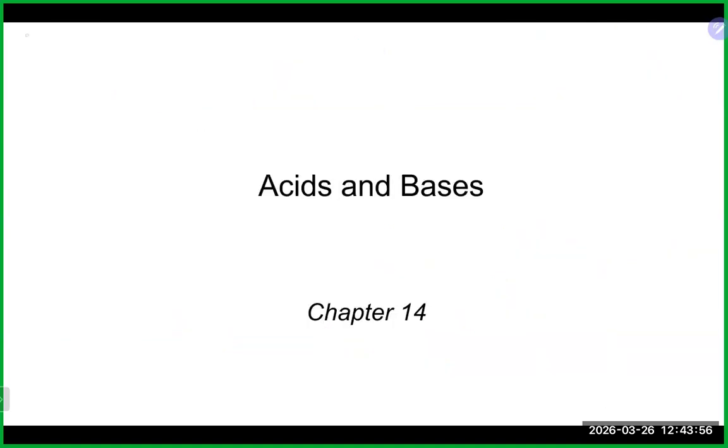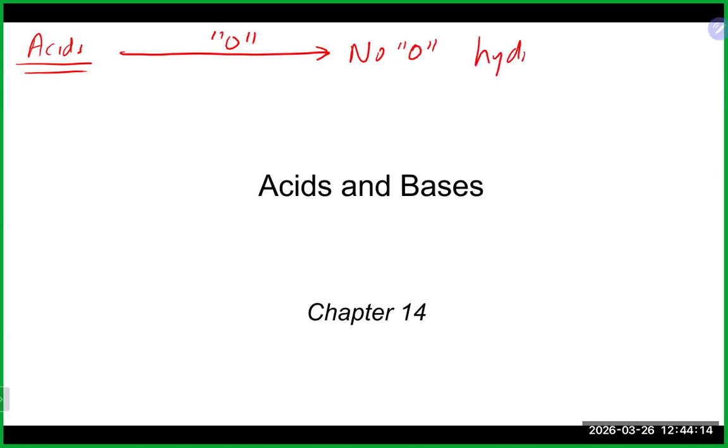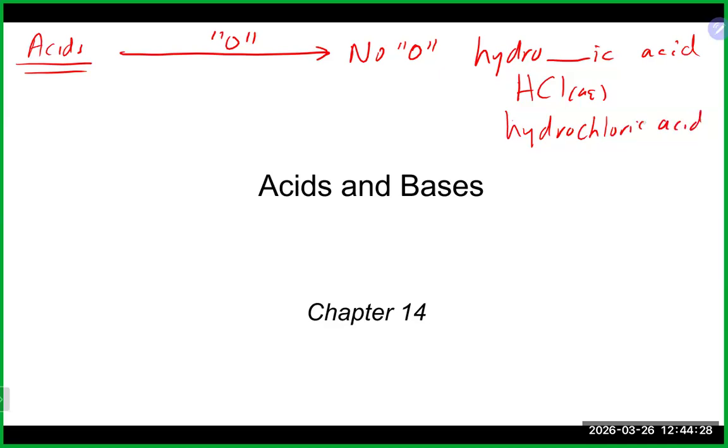Before I go too far, just to make sure everybody's on the same page, let's talk a little about acids and nomenclature. If you want to name an acid, it all is about whether or not there is oxygen. If there is no oxygen, your acid name starts with hydro-something-ic acid, like HCl in the aqueous form is hydrochloric acid.